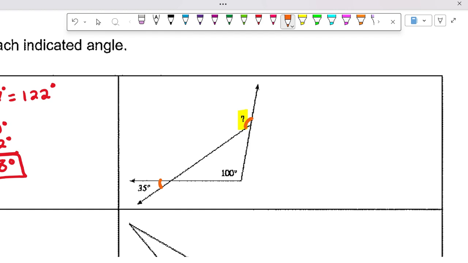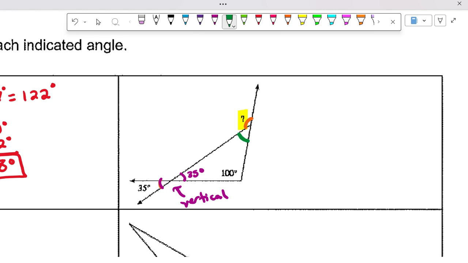So, because they're vertical angles, that means these two angles are congruent, so this angle's 35 degrees. And again, that's because they're vertical. Now, I have enough information to find this angle. How?